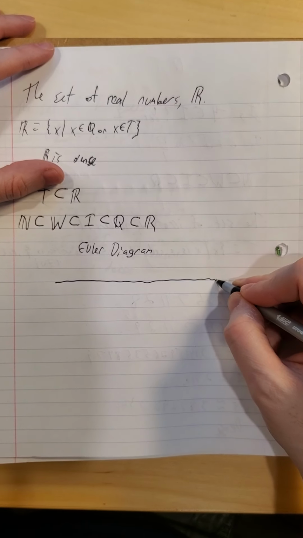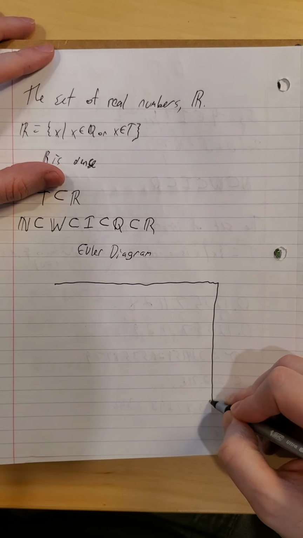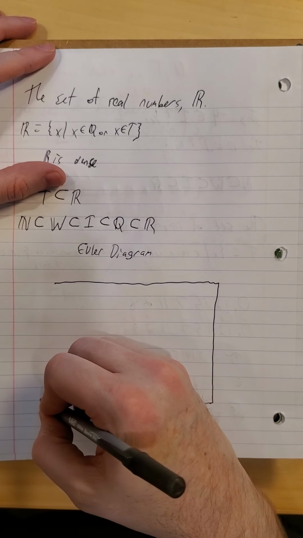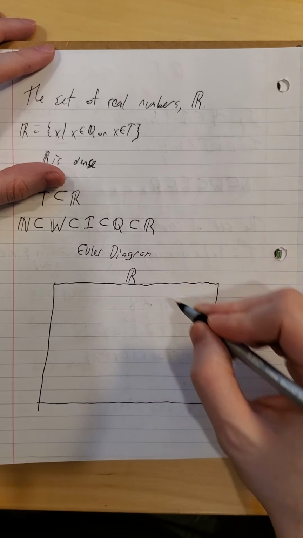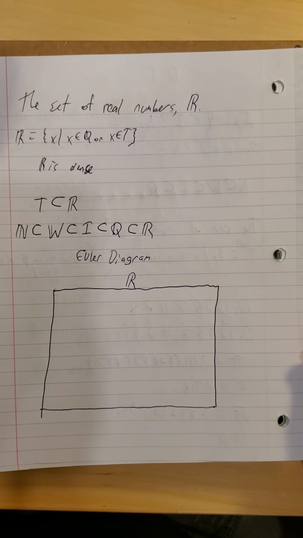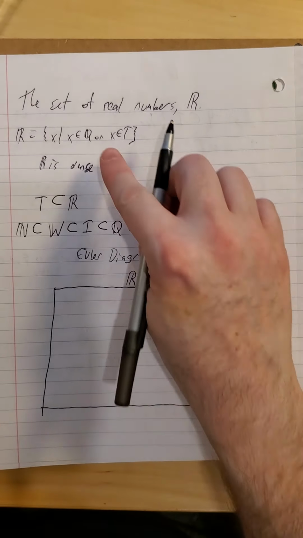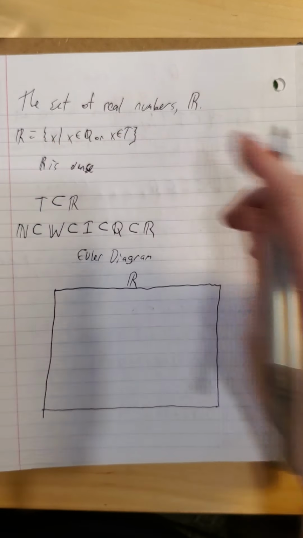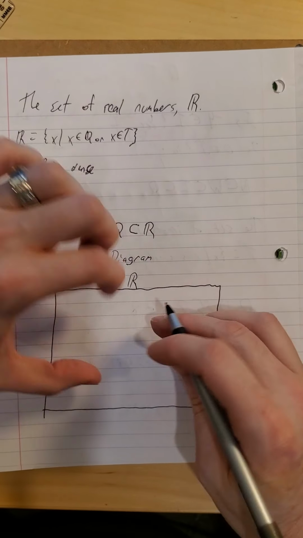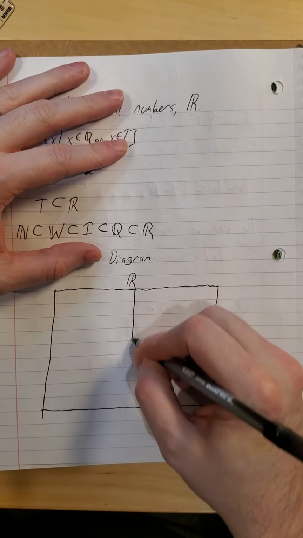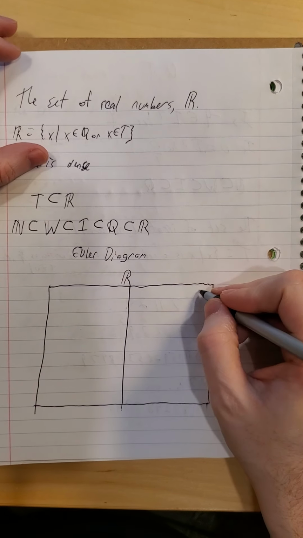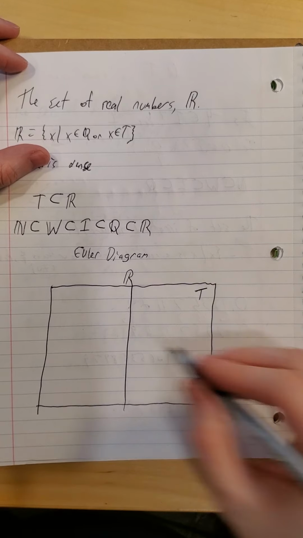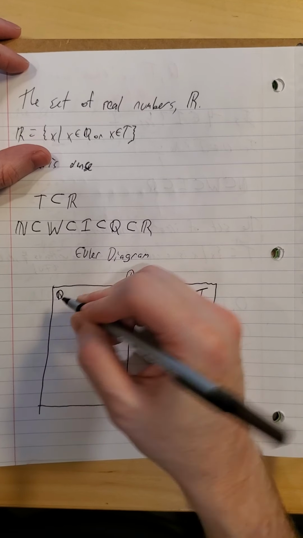So my big box this time, instead of being called U, is going to be called R for the reals. And since throwing these two together make up the whole thing of R, instead of two circles, what I'm going to do is just saw it in half and say, okay, here's the irrationals over here, here's the rationals over there.